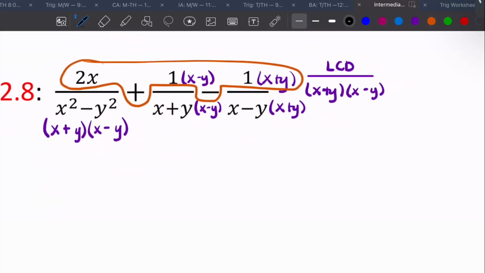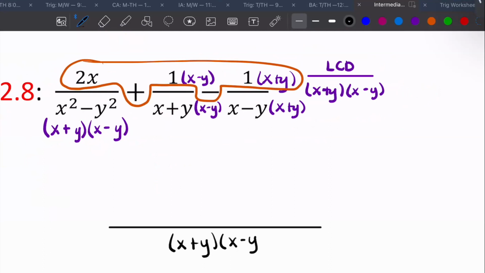So you have x plus y, x minus y. And then 2x plus 1 times x minus y minus 1 times x plus y.